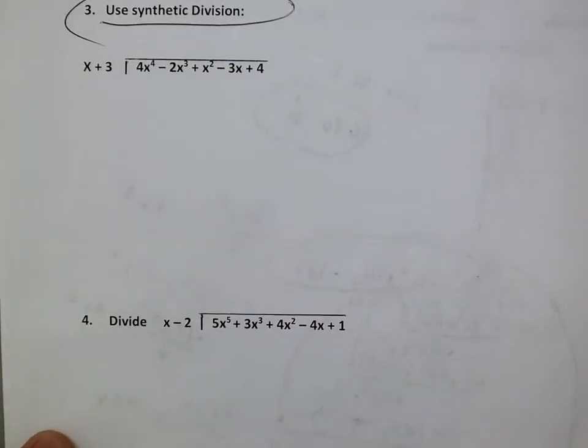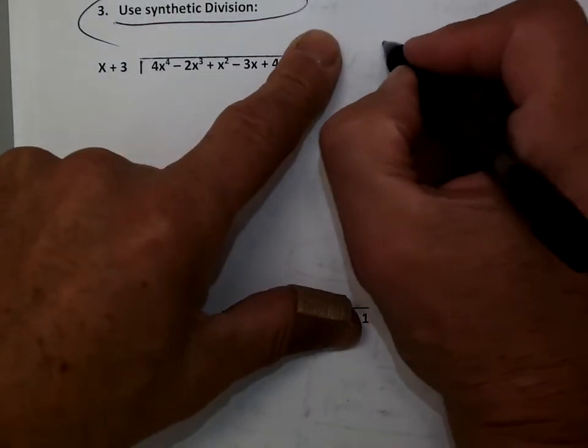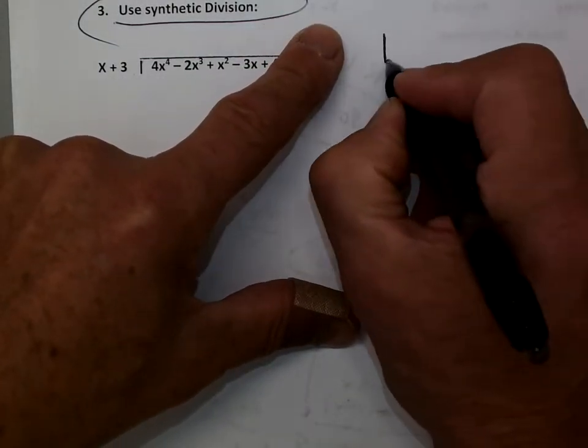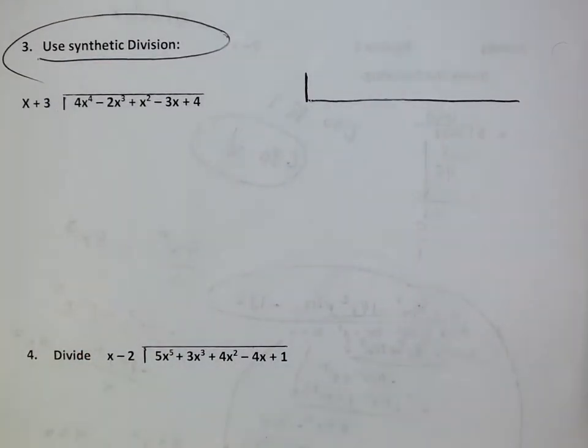Synthetic division, okay? Now the first thing you noticed is it's the exact same problem, right? We are going to do synthetic division. Start with an upside down division sign, because we're doing this weird trick called synthetic division.